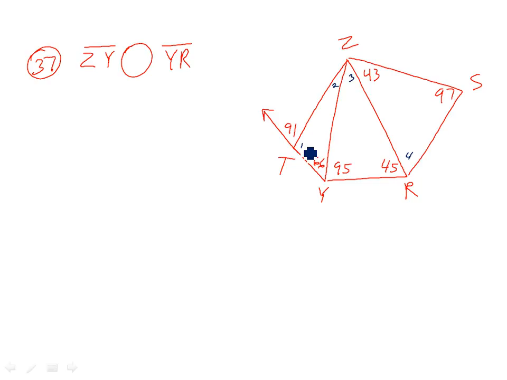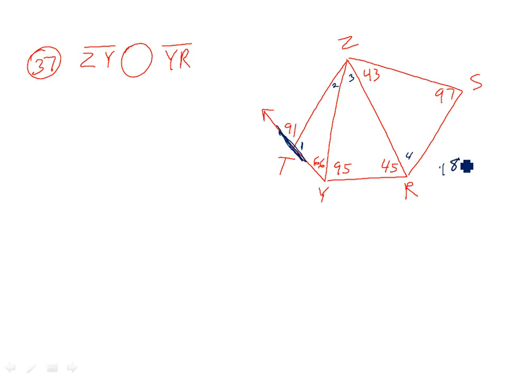How can you find angle 1? Subtract 91. How could you find angle 1? Subtract 90 from 180. What do you know? That right there is what kind of angle? 180.